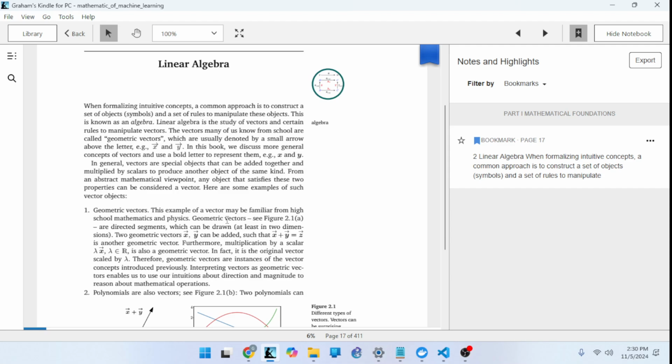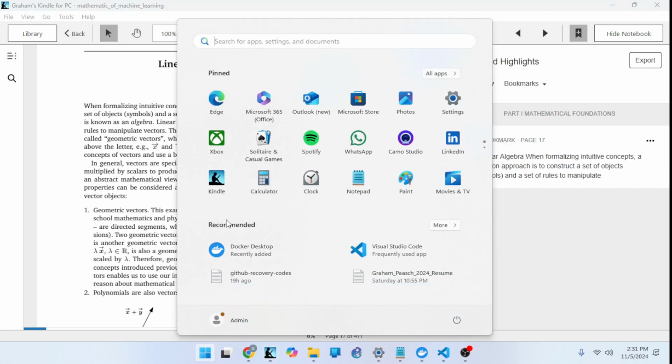In fact, it is the original vector scaled by an eigenvalue or Lagrange multiplier. Therefore, geometric vectors are instances of the vector concepts introduced previously. Interpreting vectors as geometric vectors enables us to use our intuitions about direction and magnitude to reason about mathematical operations.